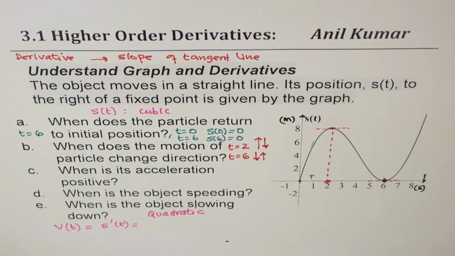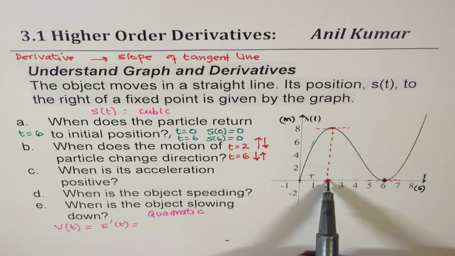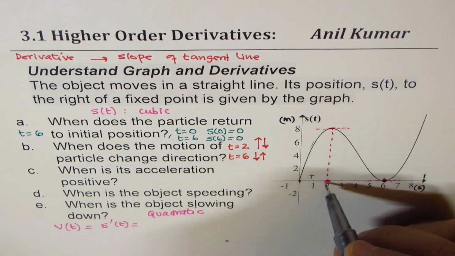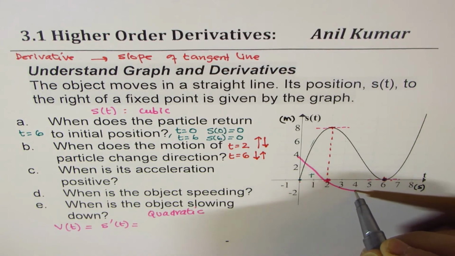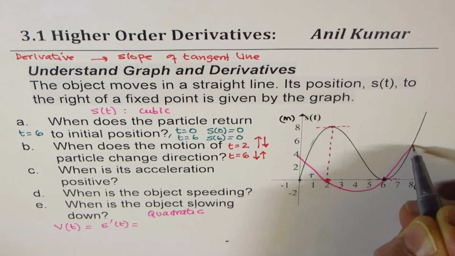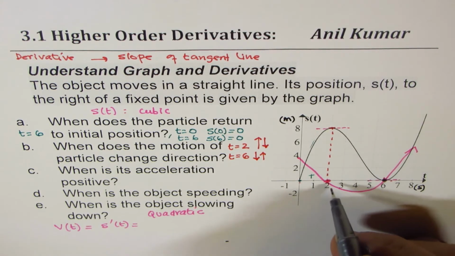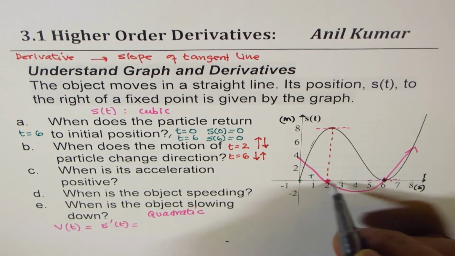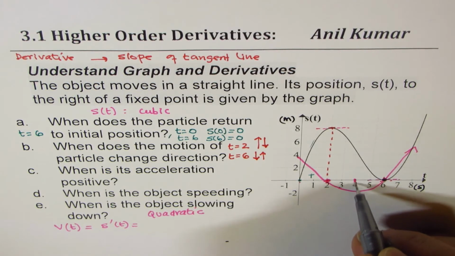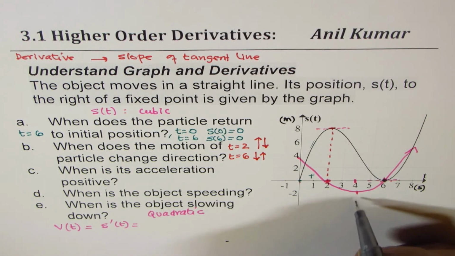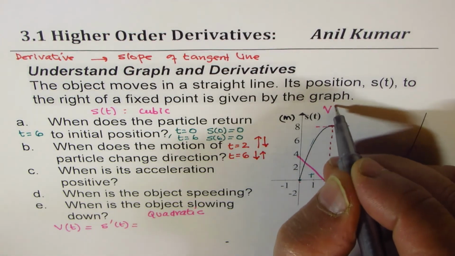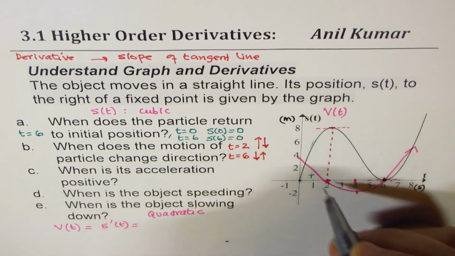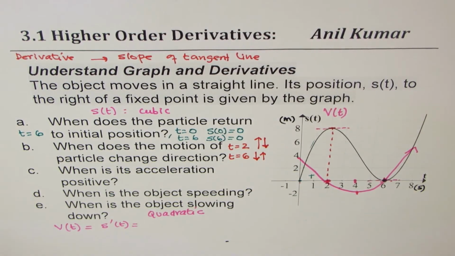Combining these two pieces of information, that we have zeros here and a quadratic function, we could sketch a graph which is kind of like this, of a parabola. Clearly, between 2 and 6, 2 plus 6 is 8, divided by 2 is 4, we should have a minimum, right? So that is the point where we have the minimum for the velocity. So the function sketched in pink is basically that of the velocity, correct?